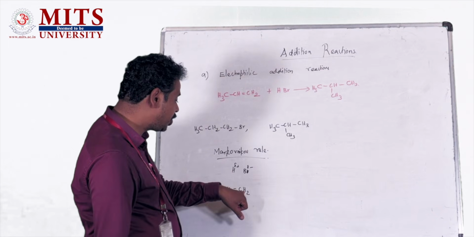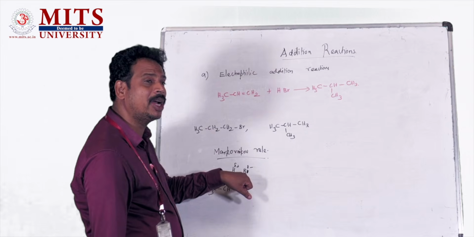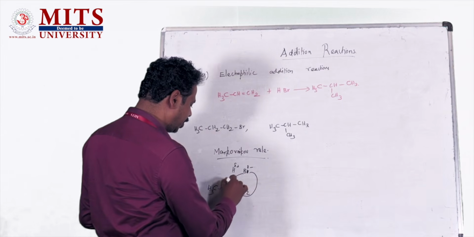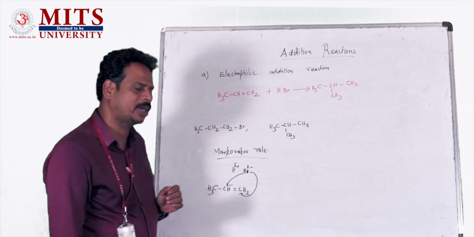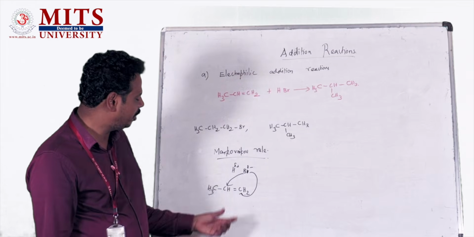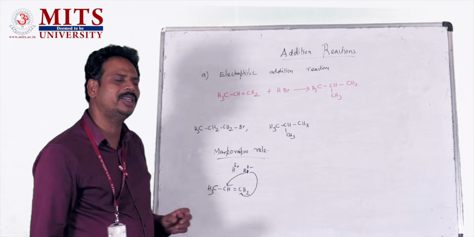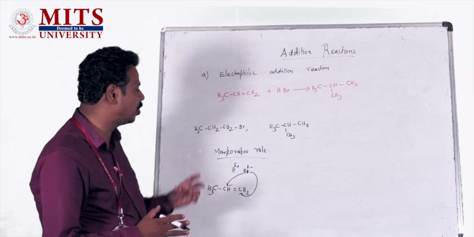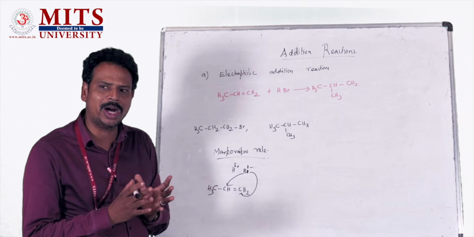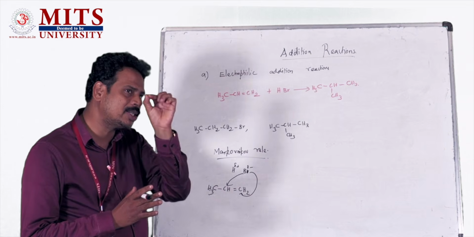So which carbon will this delta minus attack, this carbon or this carbon? When it is added across the double bond, there's no doubt, but to which carbon will the negative part be added? According to the Markovnikov rule, the bromine minus, that means the negative part, adds to the carbon which contains less number of hydrogen atoms.